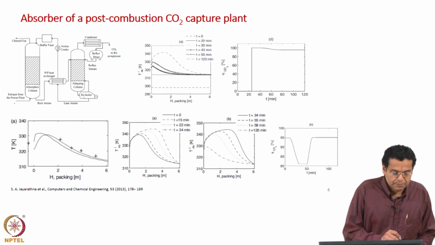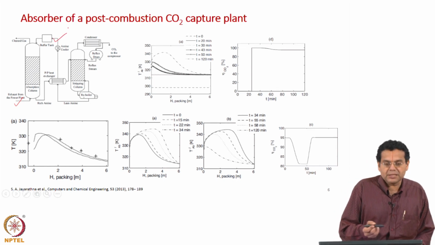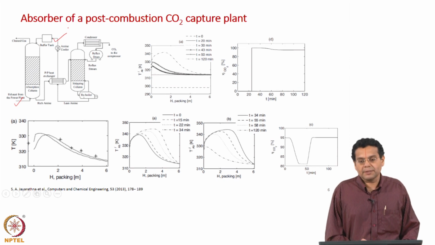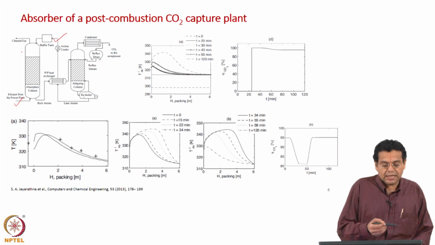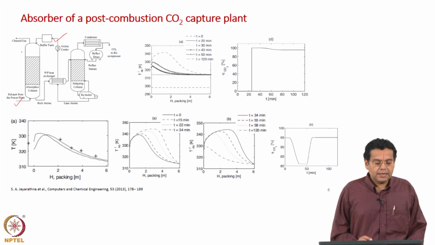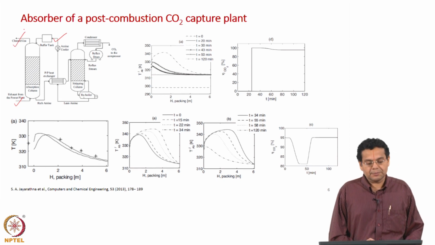So, the exhaust from the power plant is sent upwards through a absorption column and it is brought in contact with the amine solution, for example monoethanol amine solution, and transfer of CO2 takes place from the gaseous phase to the liquid phase and the relatively clean gas is let out to the atmosphere.